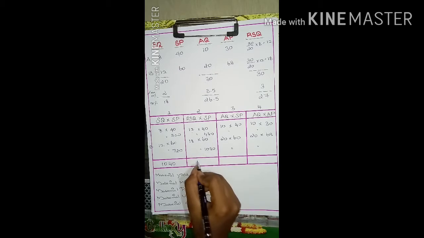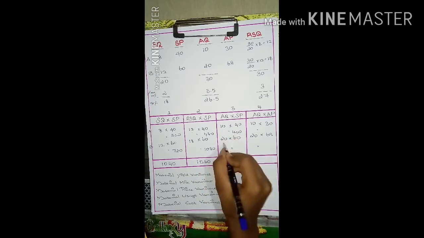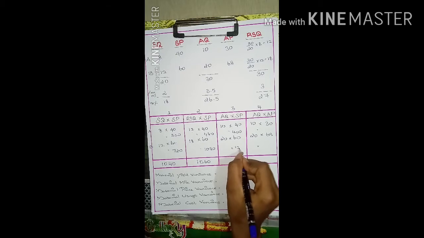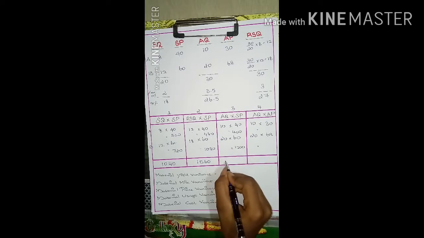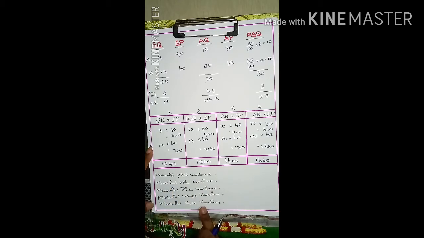The total is 1560. 10 into 40 is 400, 20 into 60 is 1200. The total is 1600. 10 into 30 is 300, and 20 into 68 is 1360. The total is 1660.